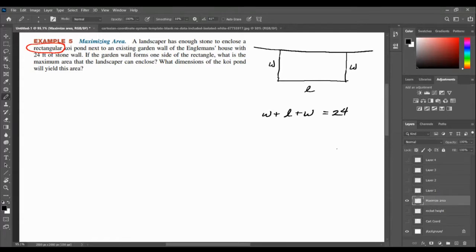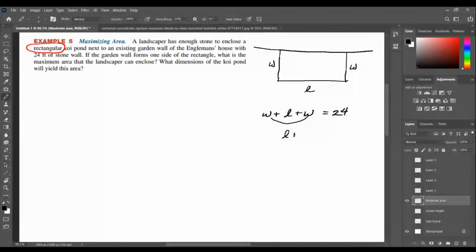If the garden wall forms one side of the rectangle, what is the maximum area that we can enclose? And what are the dimensions? So let's figure out a good way to denote this. If I leave that W, let me solve for L here. So I combine my like terms.